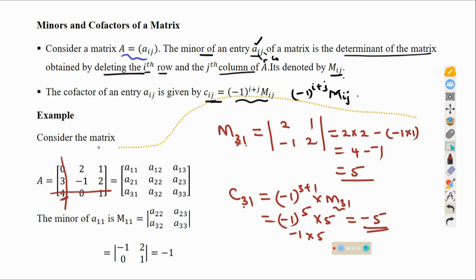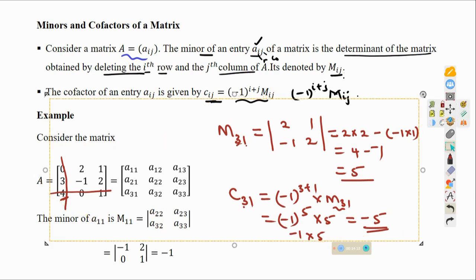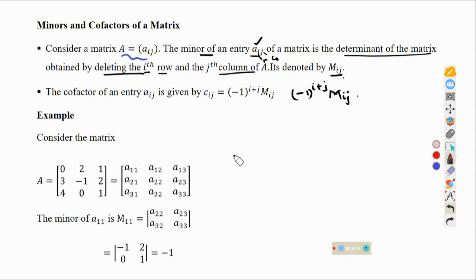The next one will be to get the minor of 3, 2. We are getting now the minor of this. Minor of 3, 2 will be same as eliminating the third row, second column.